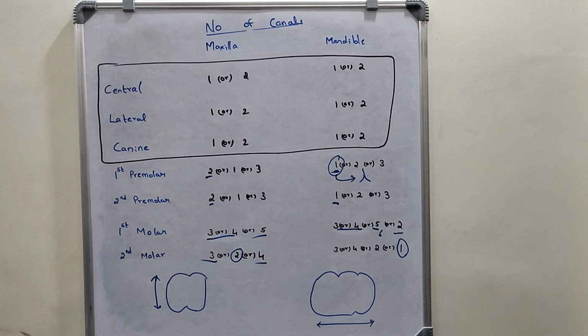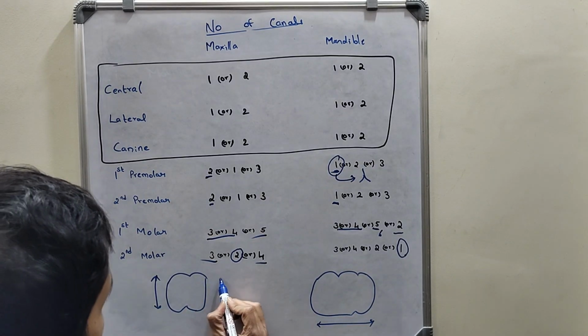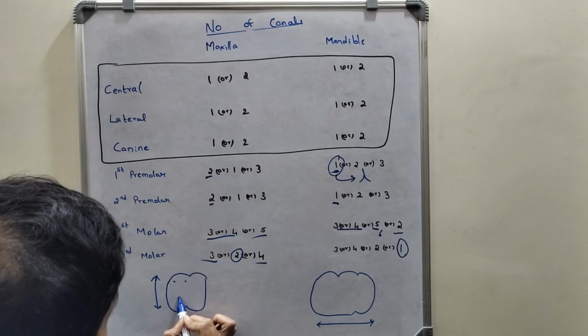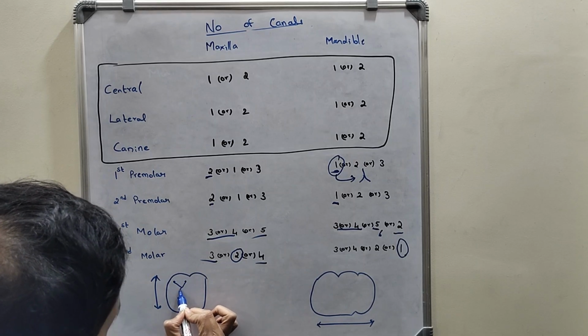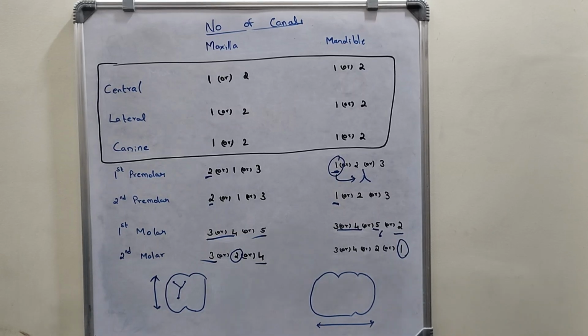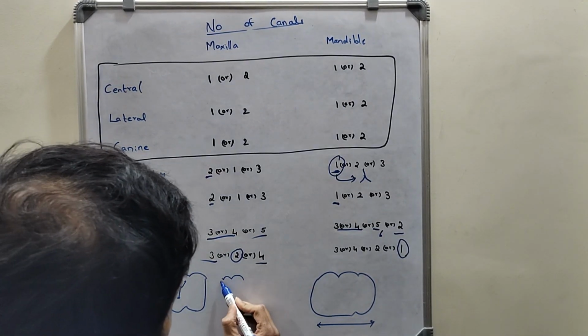In case your upper molar has three canals, then it will be in Y configuration, where you'll have this configuration, Y configuration. Whereas if it has four canals, it will be in K configuration.